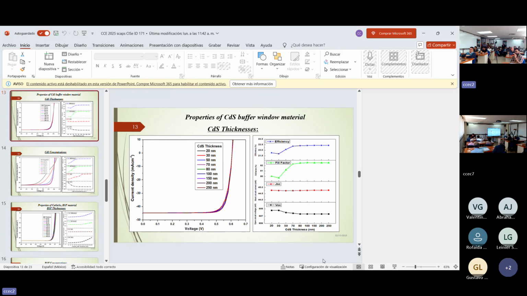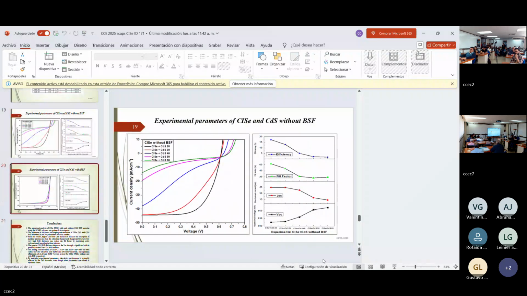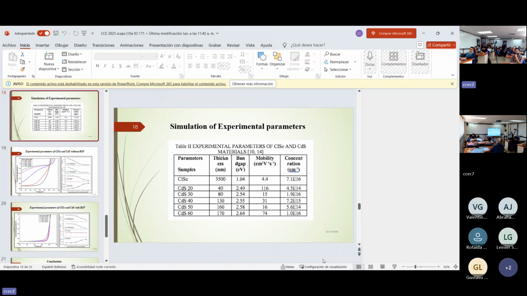For example, for CdS, it is usually not so easy to vary the carrier concentration in cadmium sulfide. Because in a simulator, it is very easy to change things. Yes, exactly. In this case, we can change different deposition times.